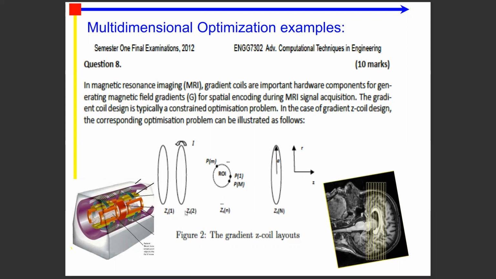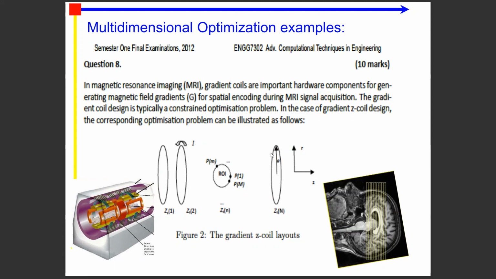So let's say we have a Z gradient coil, and we want to optimize the magnetic field in the center to be uniform, or the gradient to be uniform at these points P1 to PM, and the many points. So if you have a structure like this, you have R radial component and Z longitudinal component, and you have all these loops with radius A and current I flowing through each, and they all have the same current, let's assume.